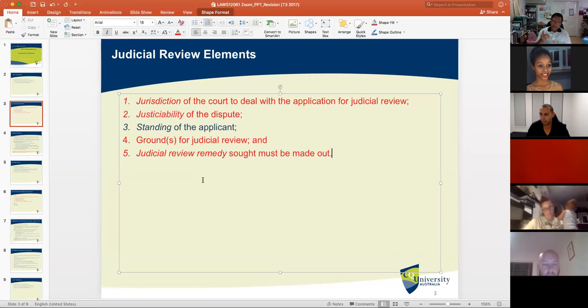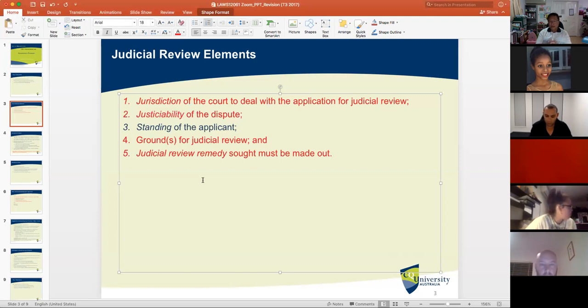Now, there is a statutory basis for the court's jurisdiction, another statutory basis, and that is Section 39B of the Judiciary Act of 1903 (Commonwealth), and that relates to a similar power of the Federal Court to issue writs of mandamus, prohibition, or injunction against officers of the Commonwealth.